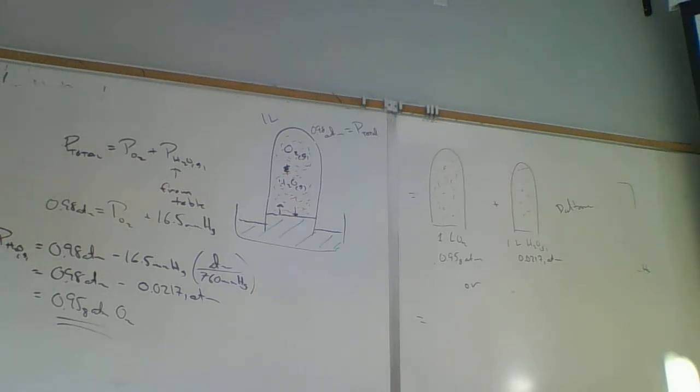So again, I'm going to do the fraction. What fraction of this is water? It is 0.02171 out of a total of 0.98 times 1 liter. 0.02171 divided by 0.98 times 1 is 0.0221 liters of H2O gas.